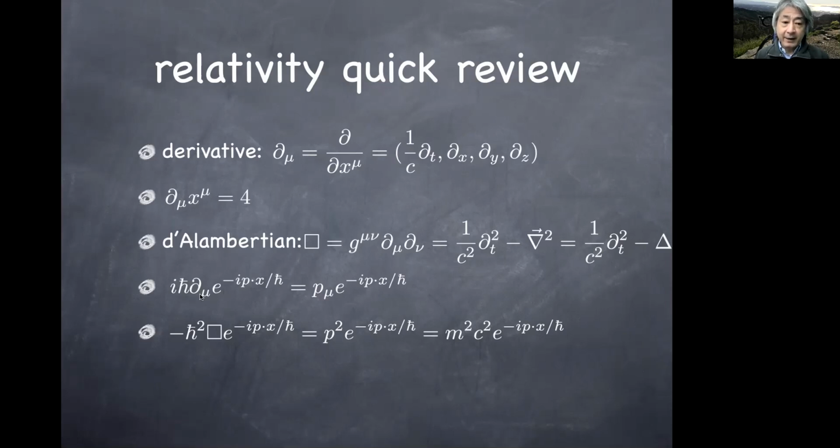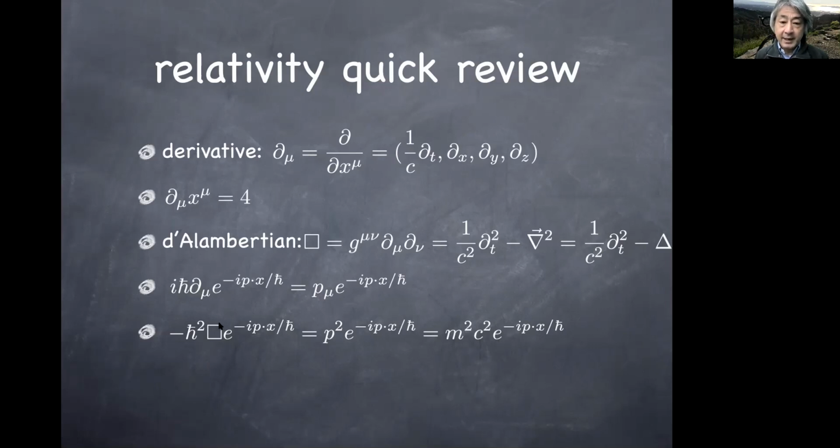And finally, now that we identified this ħ times derivative with the 4-momentum with the lower index, you put them together again between lower and upper index to build the Lorentz invariant, then acting this minus ħ squared D'Alembertian that would extract m squared c squared. So this is the beginning of seeing the relativistic wave equation, which turns into what is called the Klein-Gordon equation.